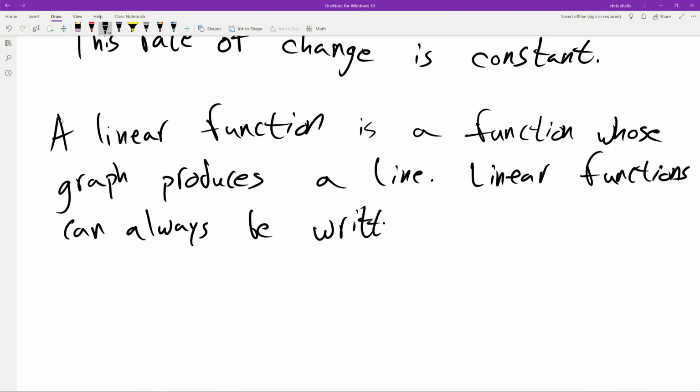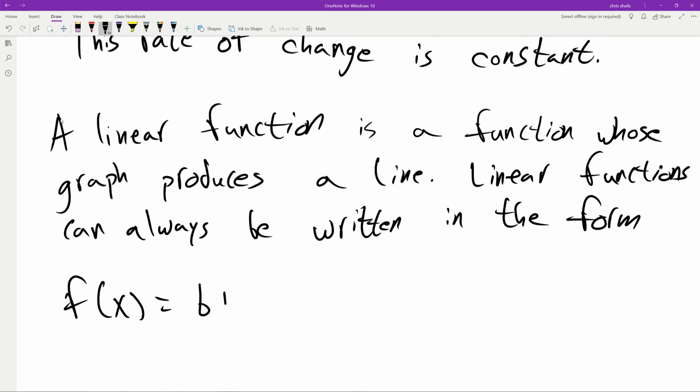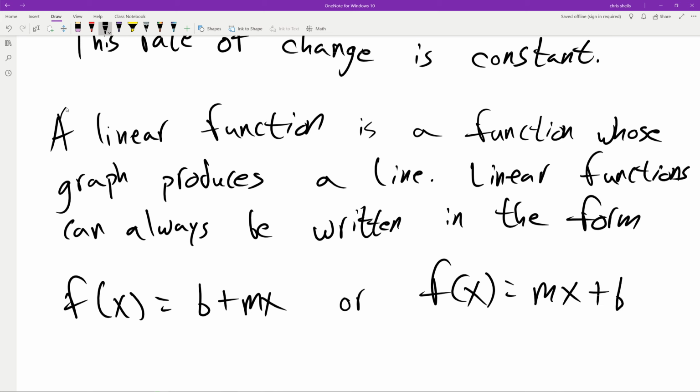These can always be written in the form f of x equals b plus mx, or f of x equals mx plus b. These two things are equivalent because addition is commutative.